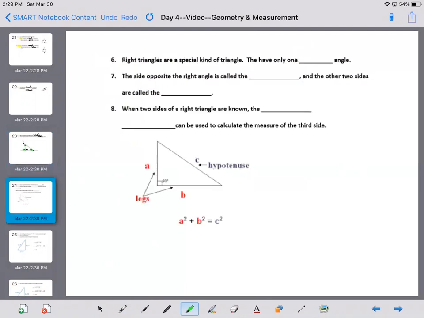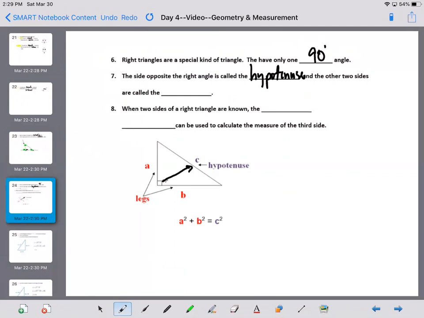Again, right triangles are a special kind of triangle where they have one 90-degree angle. The side opposite the right angle, which you're going to find in any type of triangle, no matter how small or large, you identify that 90-degree angle, and opposite of that is called the hypotenuse.